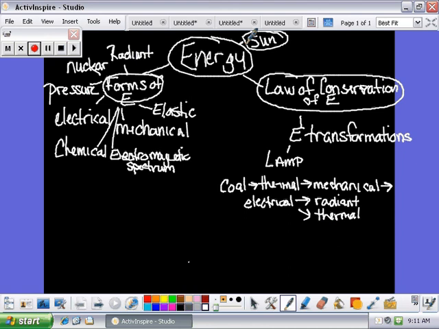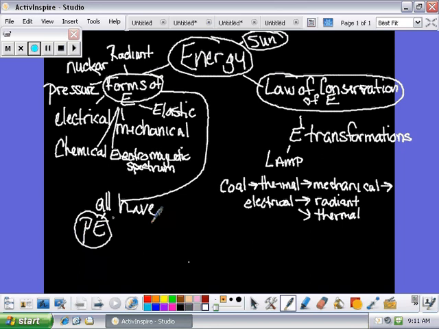So we know all of these forms of energy have the ability to be potential energy or kinetic energy. Now you can take this a step further and we can talk about potential energy. You have GPE, which involves your gravity, which we all know is 9.8 meters per second squared.